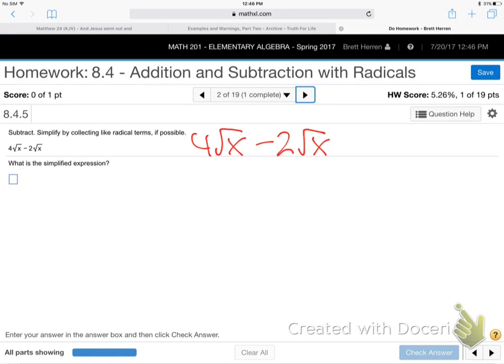So what's the deal? 4 roots of x minus 2 roots of x? It's just 2 root x. I kind of scribbled that out, but that's it. Good?